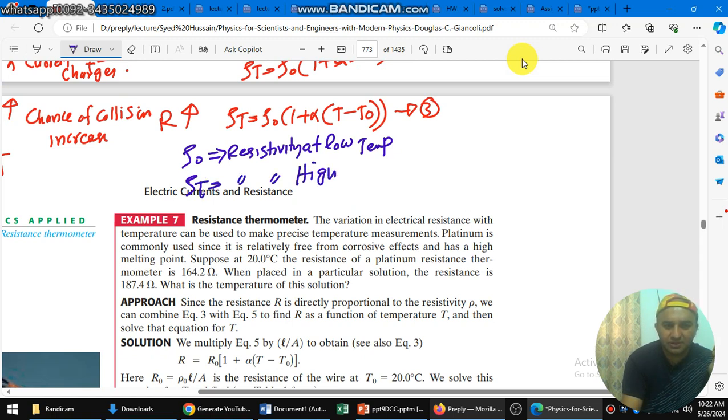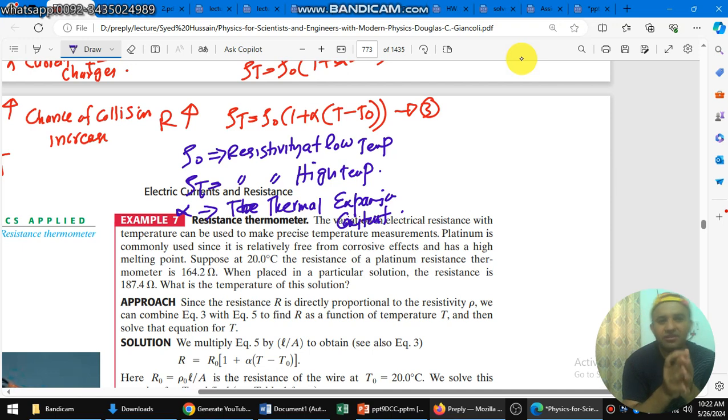Alpha is a constant, known as the thermal expansion coefficient, or we can say a constant of proportionality. Alpha depends on the material; different materials have different values of alpha. And T minus T naught is the change in temperature, del T.